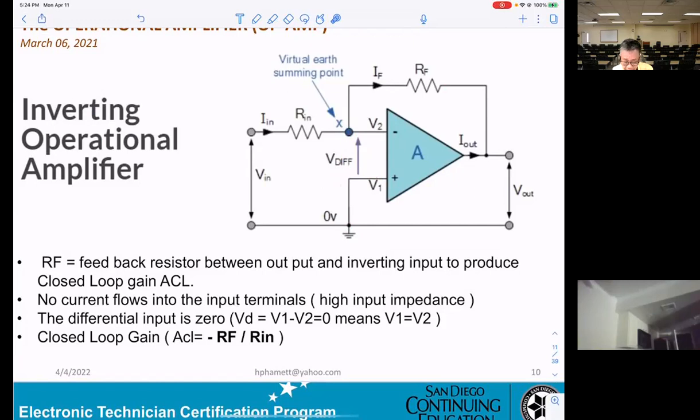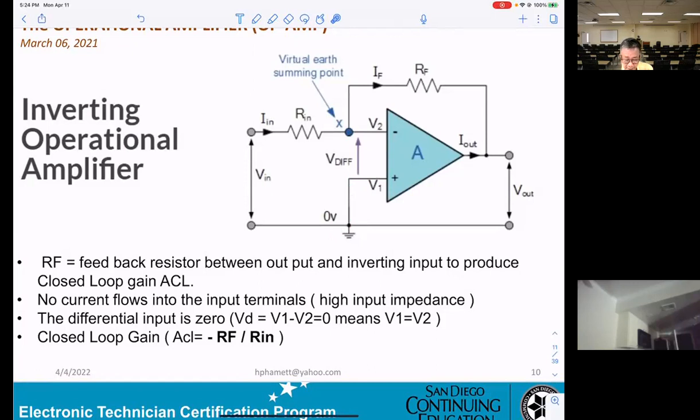But the 0 volt here gets a different name: virtual root. They are not connected to the root directly. However, it is 0. And this is the ground also. However, the ground needs a wire connected directly to the root. That's what they call physical root.